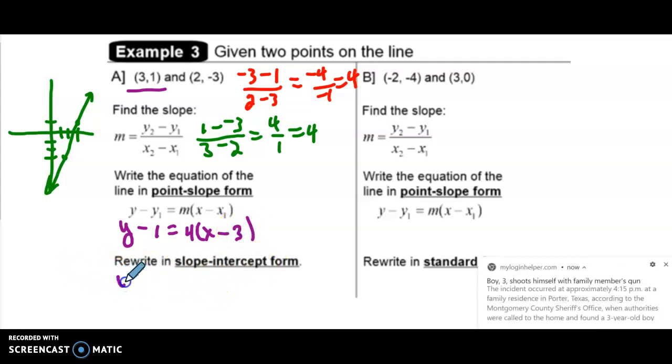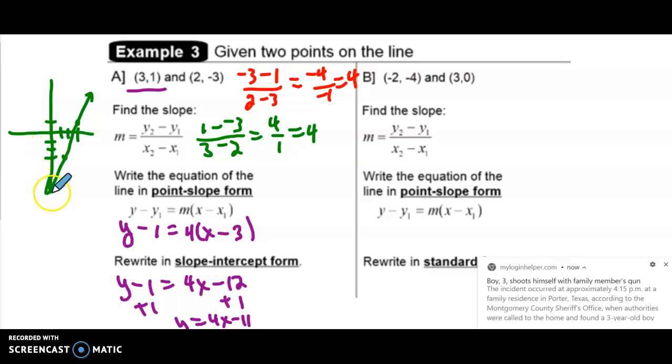Rewrite it in slope-intercept form, so I will distribute my 4 through. 4 times x is 4x, 4 times 3 is 12, and then I'll add 1 to the -12. I get y equals 4x minus 11.